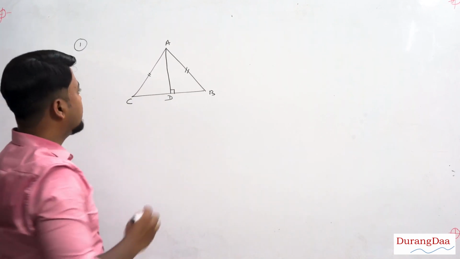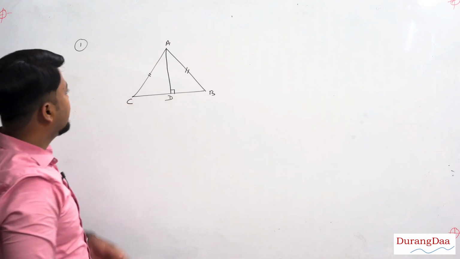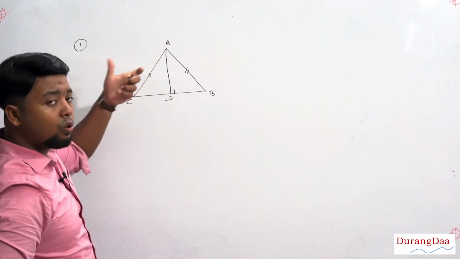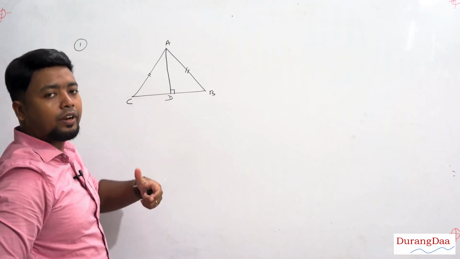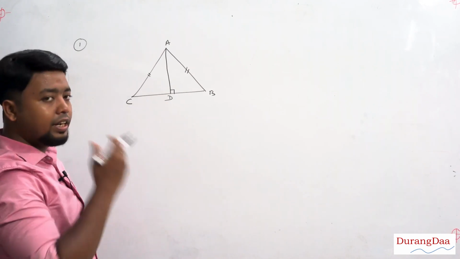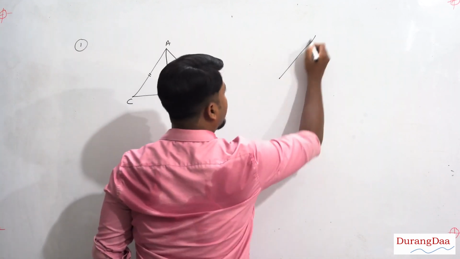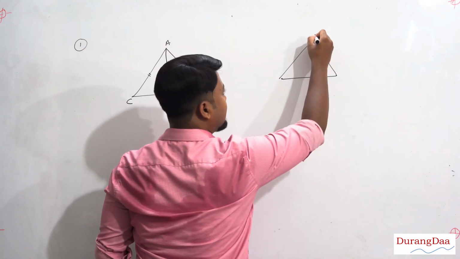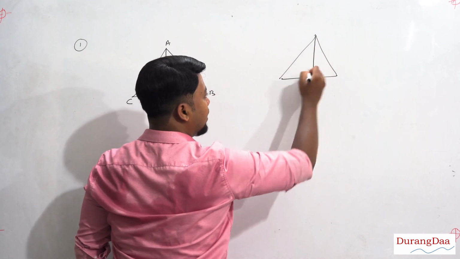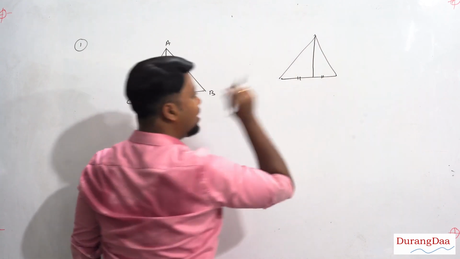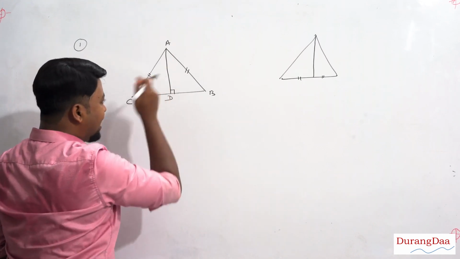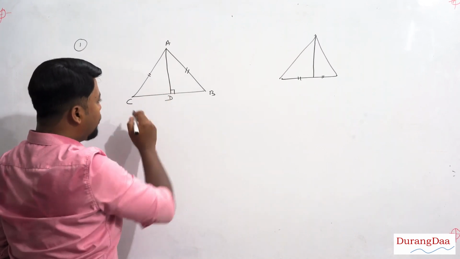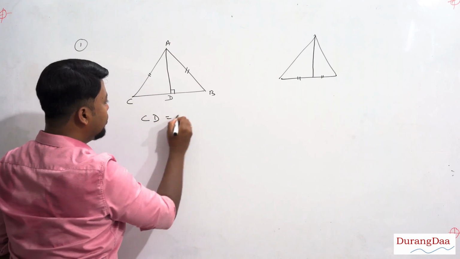So we have to prove that this line AD is not only the altitude, but it is also acting as median of the triangle. Median we have studied is a straight line starting from the vertex to the opposite side, such that it divides the opposite side into two equal halves. So the only way by which you can show the line AD as median is by proving CD equals DB.